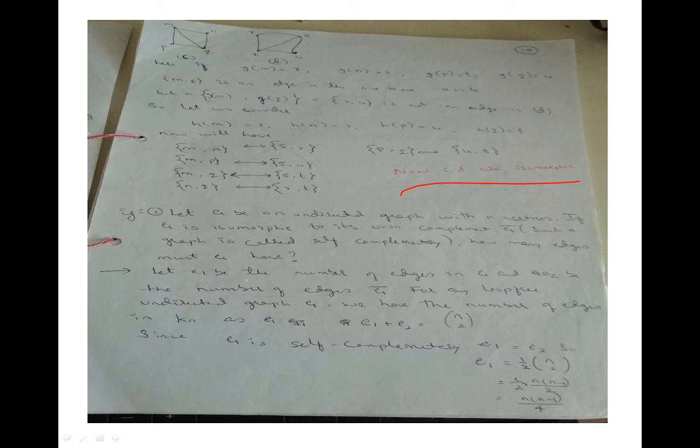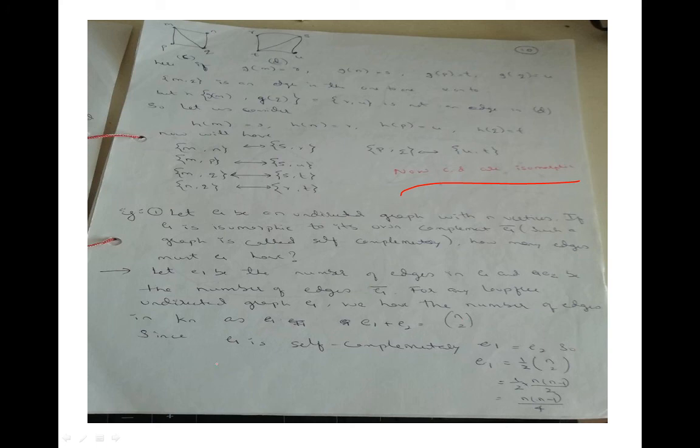Let E1 be the number of edges in G and E2 be the number of edges in G dash. For any loop-free undirected graph G, we have the number of edges in Kn, so E1 plus E2 is nC2.